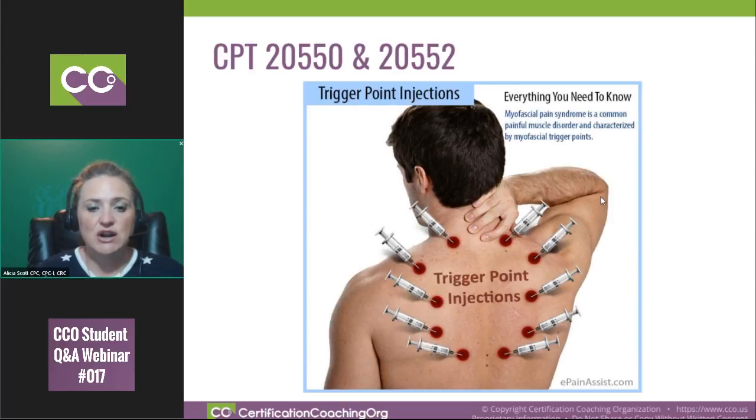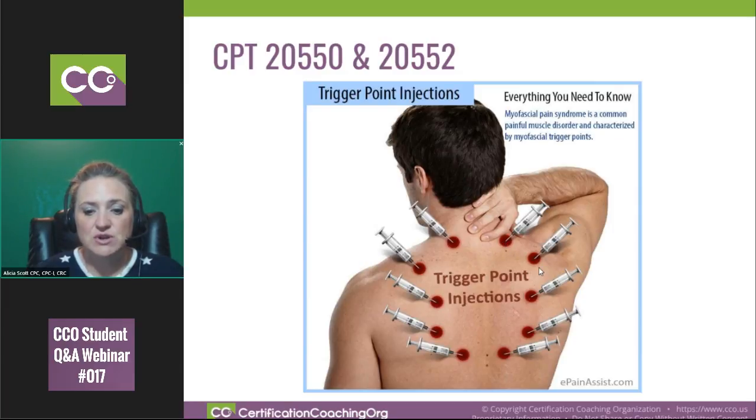Now, these are trigger points. This came from a slide share that I found off Google, from ePain Assist, a fantastic procedure graphic on where these trigger points are found in the back.